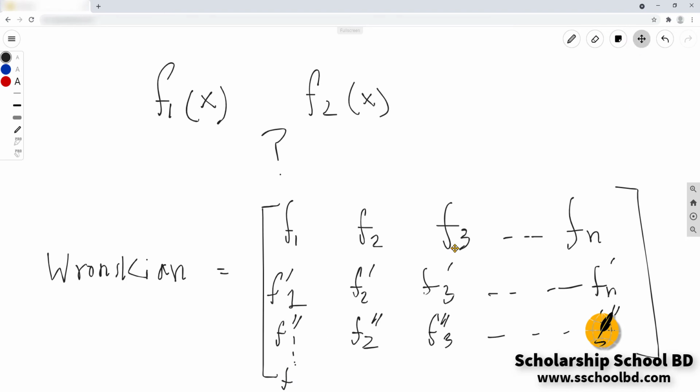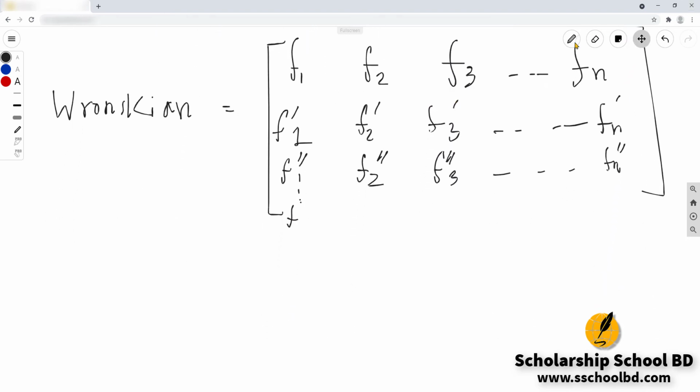Let me just scroll it up. So it should be the nth derivative of the first function, up to the nth derivative of the nth function.